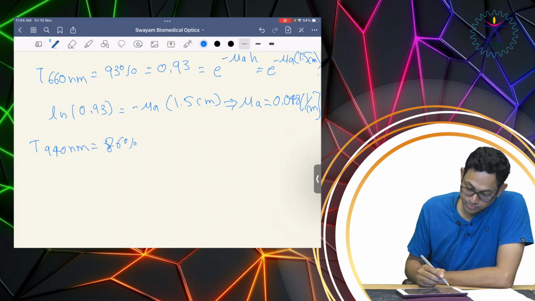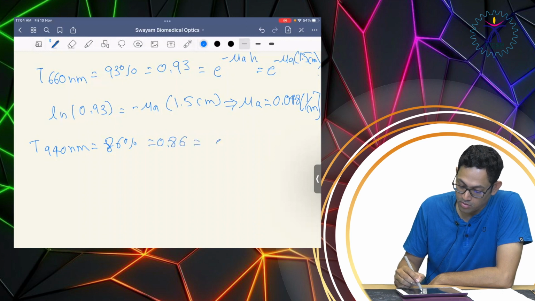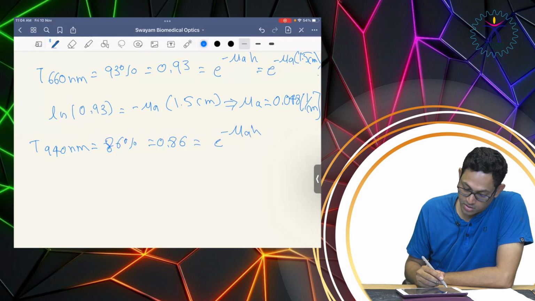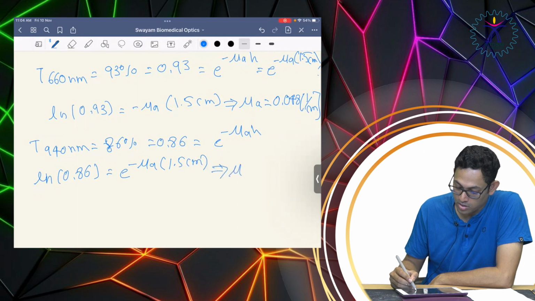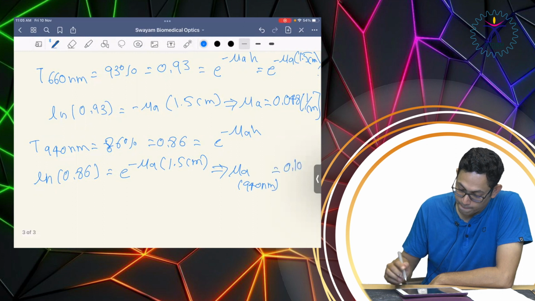So again I use the equation 0.86 equal to exponential of minus mu a into h, where h equals 1.5 centimeters. Solving this equation, ln of 0.86 equals minus mu a at 1.5 centimeters, I find that mu a at 940 nanometers is around 0.10 centimeter inverse.